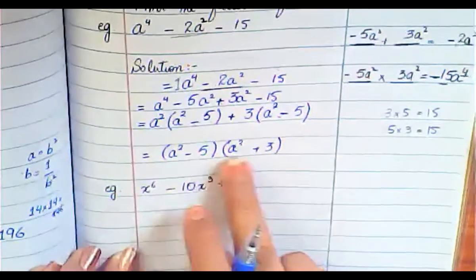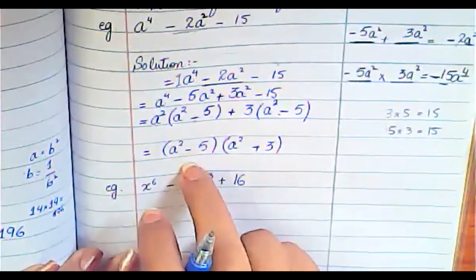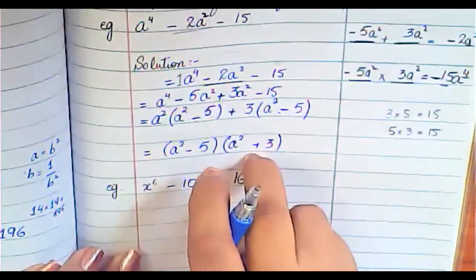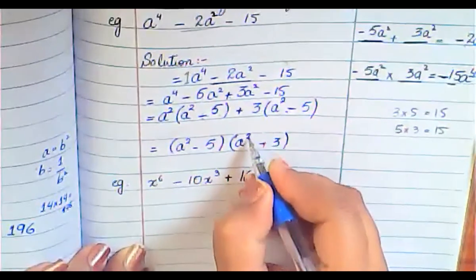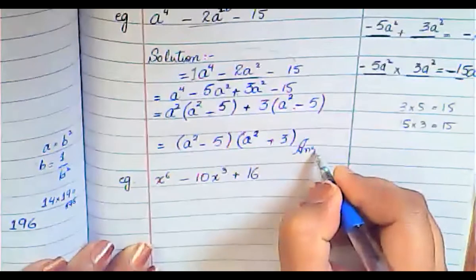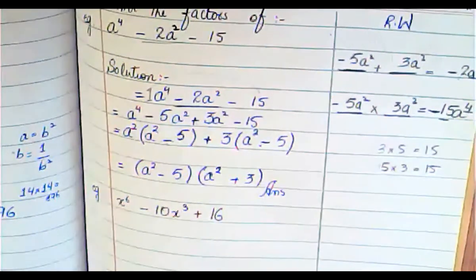Okay, common, what you have common here, a square minus 5, so you will take a square minus 5 as a common term here. Now what will be left? A square plus 3, you will write it down in another bracket. Okay, now this will be the answer. Okay, is it clear?